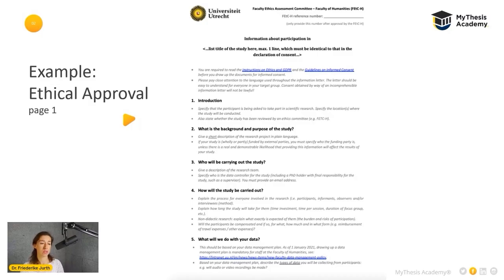There you need to specify that the participant is being asked to take part in scientific research, that you informed them, spoke with them, and that the research will be conducted, and also whether your study has been reviewed by an ethics committee.